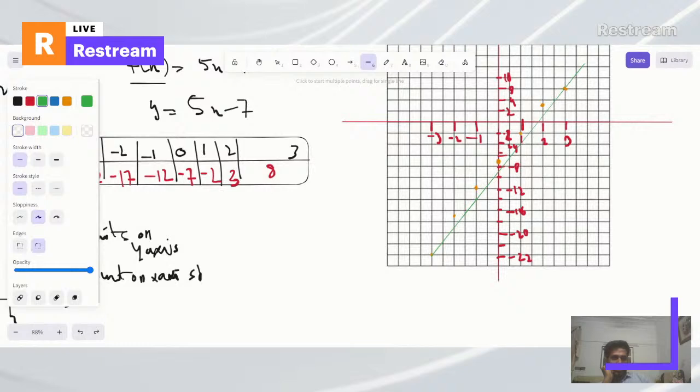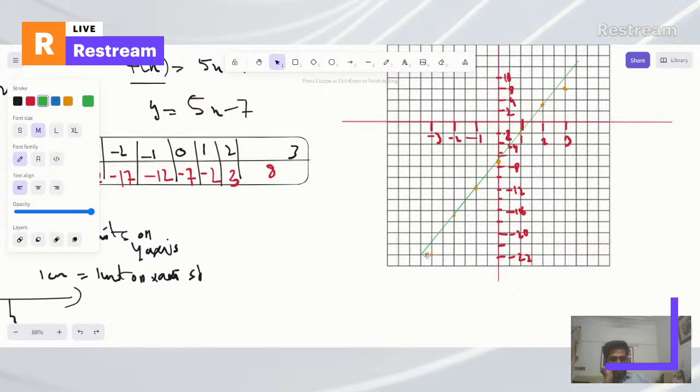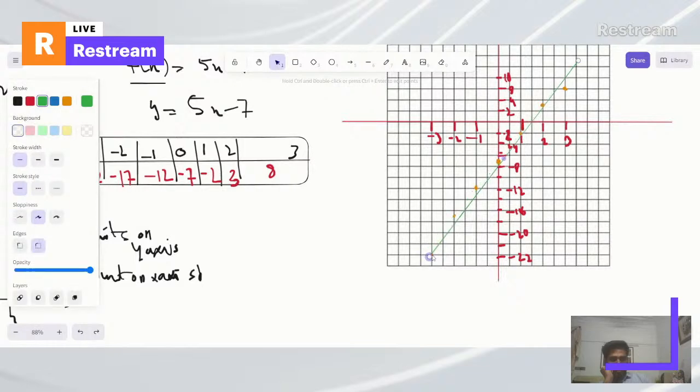Yeah, just like that. So that's going to be a straight line.